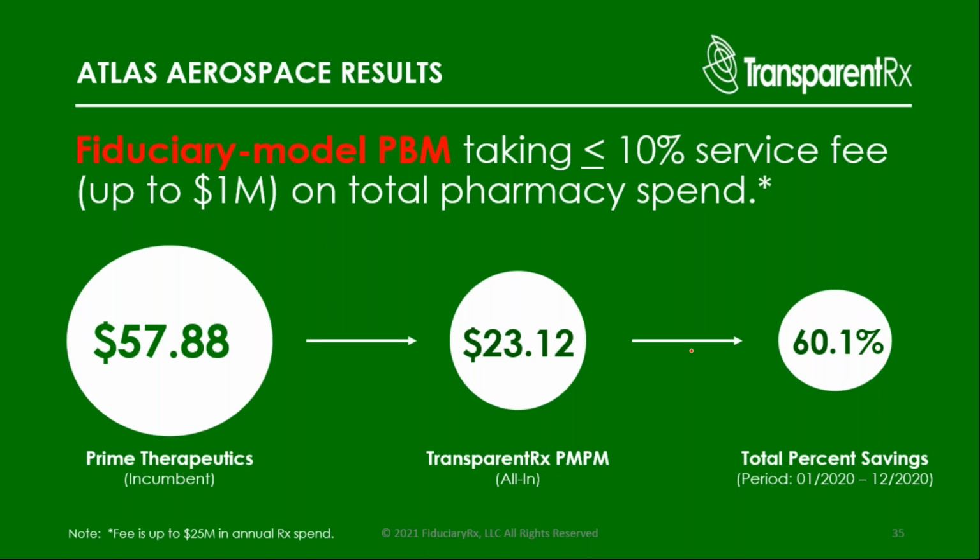Even as a fiduciary PBM, we negotiate a minimum rebate. We negotiate generic and brand discount guarantees. And then you know what happens when we outperform them? Because every PBM does.